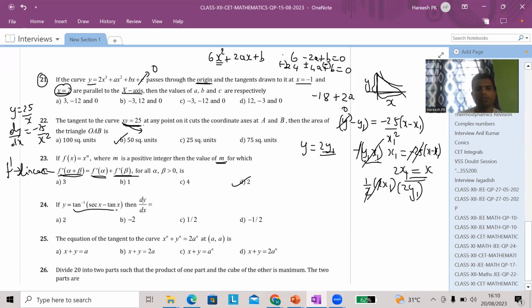How to differentiate this? dy by dx is 1 by secant x minus tan x into the derivative of tan inverse. So what is the derivative of tan inverse x? 1 by 1 plus secant x minus tan x whole square, into the derivative of secant x minus tan x, which is secant x tan x minus secant square x.